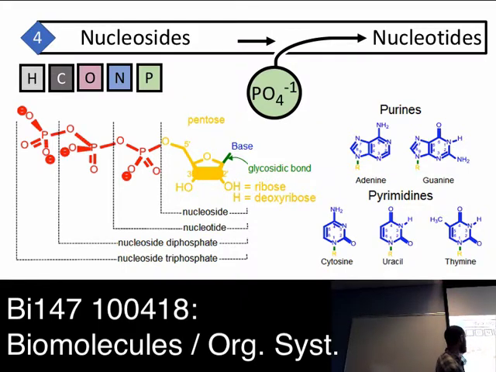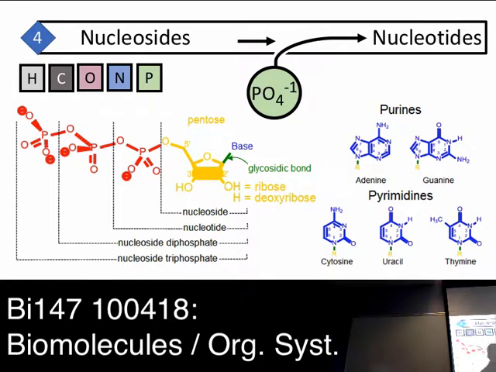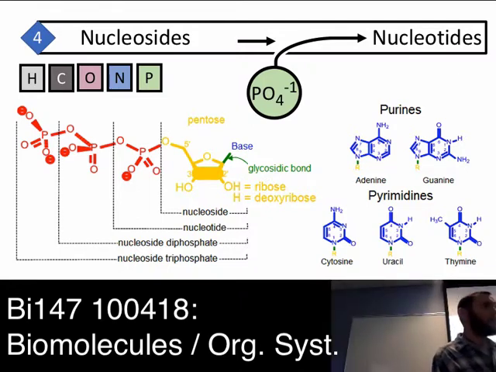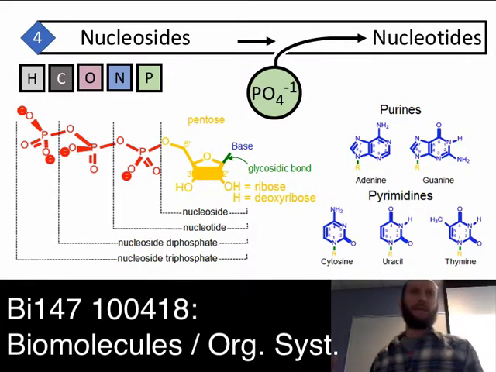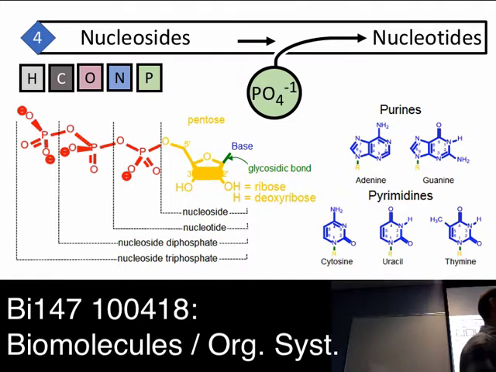We can add more phosphate groups to this, however, and get a nucleoside diphosphate or nucleoside triphosphate. And if this base, for example, was adenine, this would be called adenosine triphosphate, otherwise known as ATP. ATP is sort of like, if glucose is a $100 bill, ATP is like the $20 or the $5 bill or something like that of the exchange.